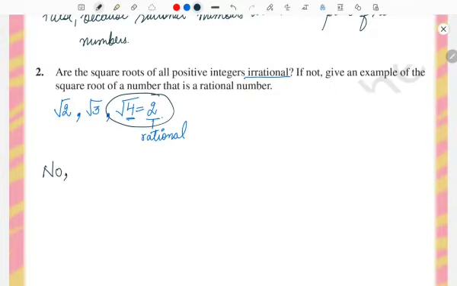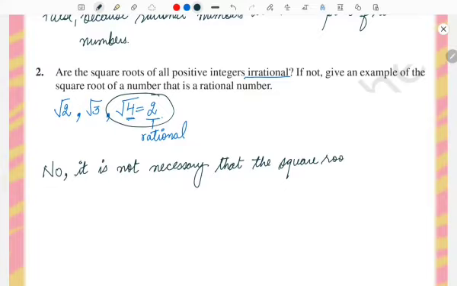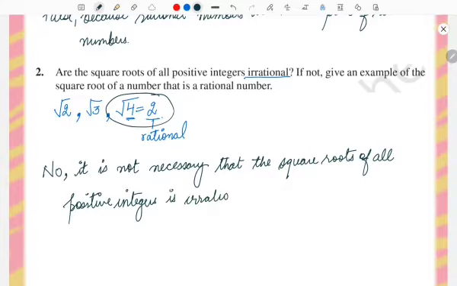No, it is not necessary that the square roots of all positive integers are irrational.